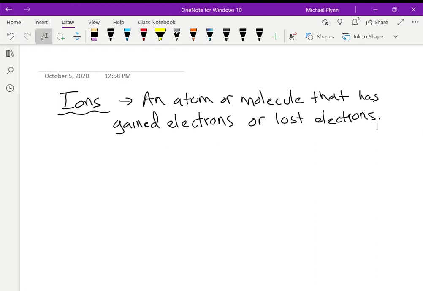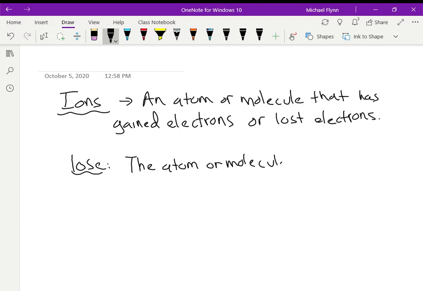Okay, so here's the deal. If you lose electrons, the atom or molecule will therefore have a positive charge overall.